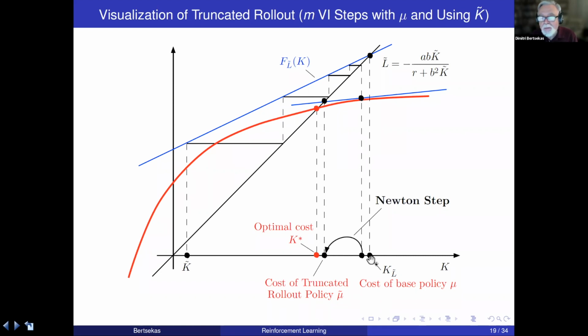However, in this way, with the value iterations, we have avoided the evaluation of K_mu. We've done it approximately through these value iterations. But the question arises, where should you pick K tilde, and how many steps of rollout would be good to use? So what do you think about that?